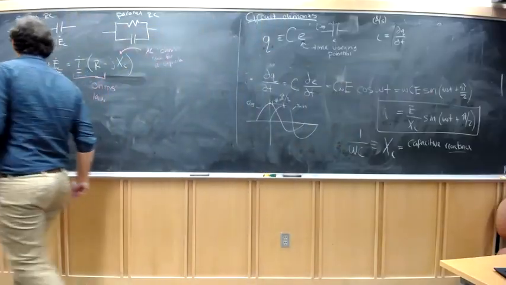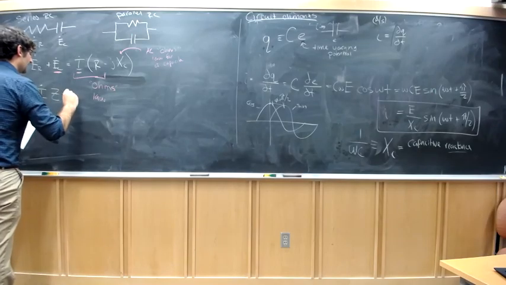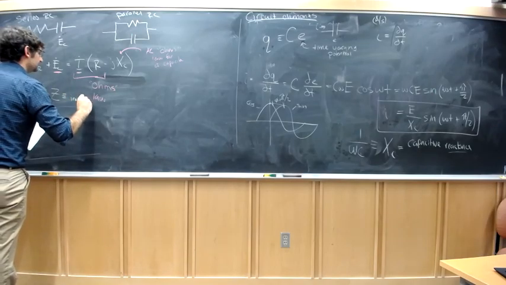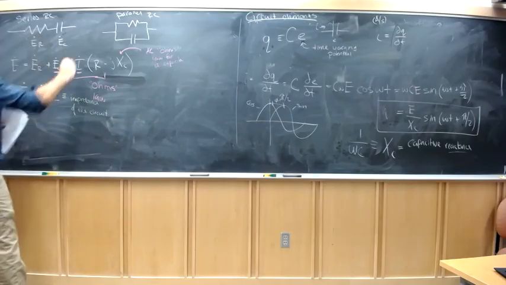And what you typically measure is a current response, and you have a voltage signal, and so what you can get is an impedance. So Z is defined as the impedance of the circuit, and it's this.